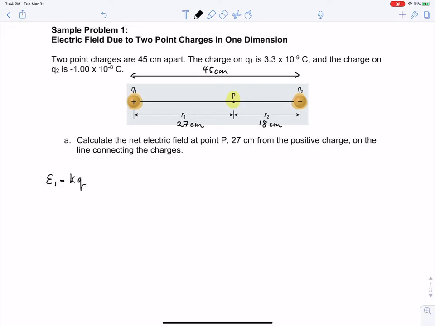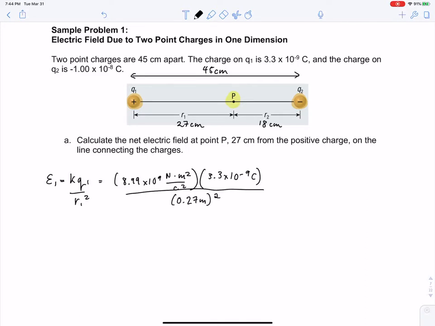It's equal to kQ1 over R1 squared, where k is Coulomb's constant, 8.99 times 10 to the power of 9 newtons times meters squared per coulomb squared, times Q1, which is 3.3 times 10 to the power of negative 9 coulombs, divided by the distance, which is 0.27 meters squared, or 27 centimeters.